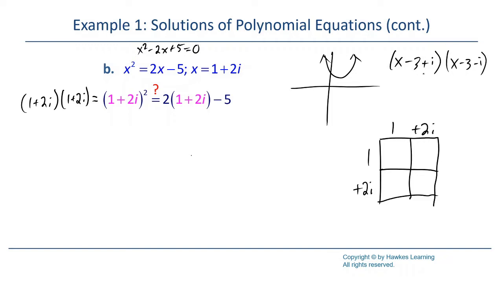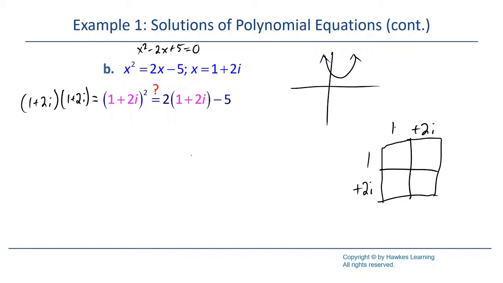When you do this, you can't do FOIL because it's more than two terms, but you could draw this box to be a 3 by 3, and then everything lines up a lot neater. So I recommend using this method for, oops, started erasing the wrong thing. Use this method for multiplying complex numbers. If you're more comfortable with another way, that's fine, but this is just a way to at least try.